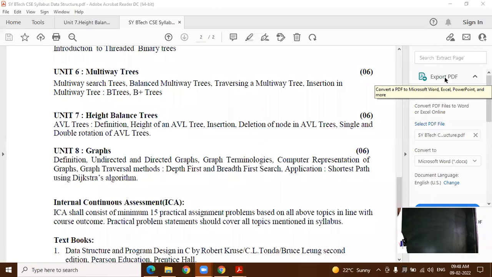Now again, how are you maintaining the leaf nodes in B plus tree in your organizational structure? In the leaf node, you are connecting one leaf node to another leaf node by using links, right?